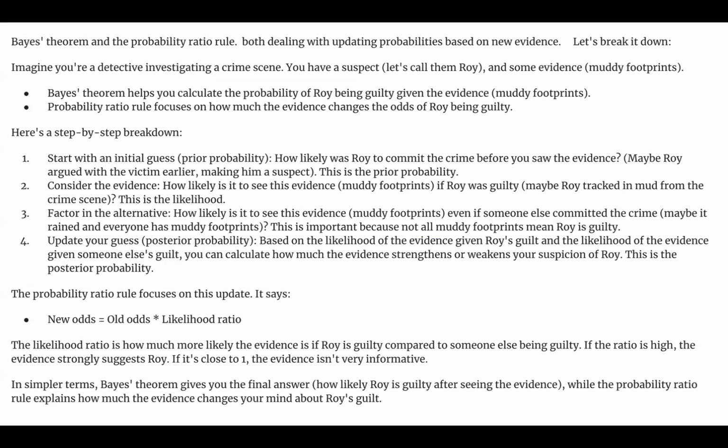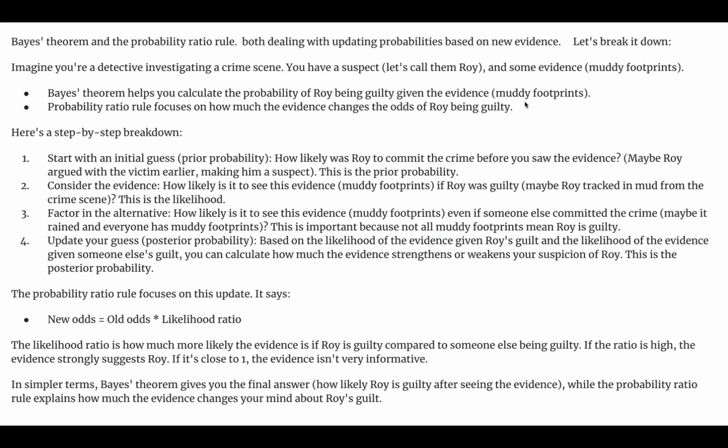Now, this slide explains the probability ratio rule. It deals with updating probabilities based on new evidence. There is a slight difference between Bayes' theorem and the probability ratio rule. Bayes' theorem helps you calculate the probability. So let's say you're a detective and you need to find out who is the murderer, who is the suspect, given the probability of Roy being guilty, given the evidence.